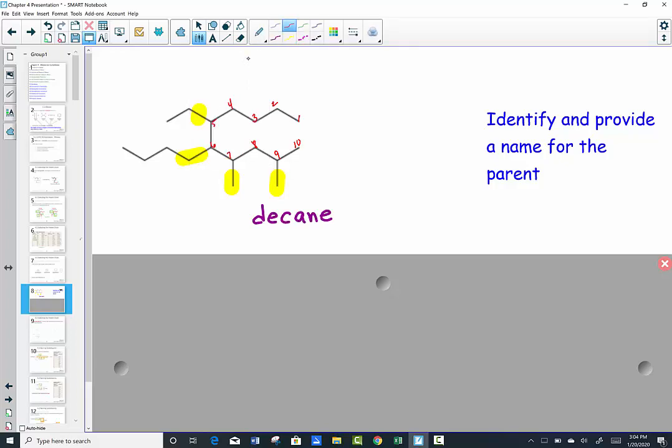The other way we numbered, let's see. Just trying to redraw here. All right, so let's renumber. I think we started 1, 2, 3, 4, 5, 6, 7, 8, 9, 10.